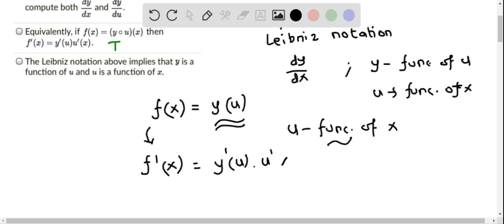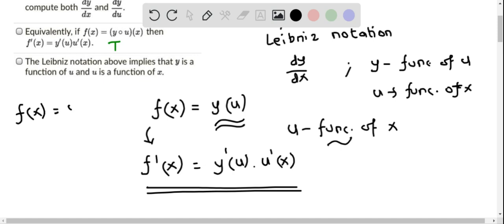So we write down u prime of x. So basically, we are getting this expression: f of x equals y circle u of x. That is, this is basically y of u of x. Y is a function of u, where u is a function of x. So this statement is true.